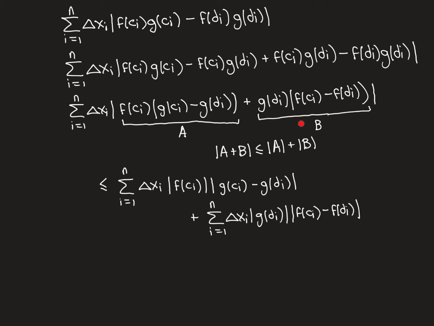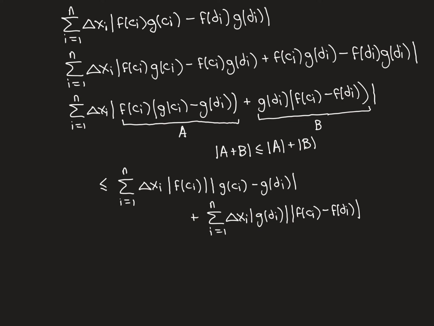So I'm now concluding that all of this thing is going to be less than or equal to what we've got on this side. So I've split apart the two sums that you would get on this side, because you'd have delta xi times these summed from i equals 1 to n, and I've just split those two sums apart so that we've got the sum from i equals 1 to n of delta xi times the mod of A, so this bit, plus the sum from i equals 1 to n of delta xi times the mod of B, which is this bit.